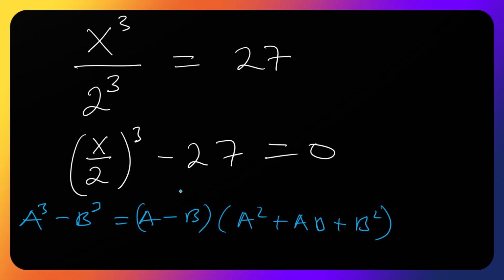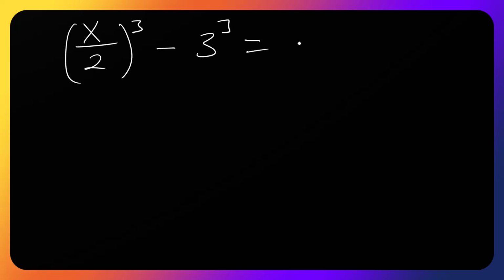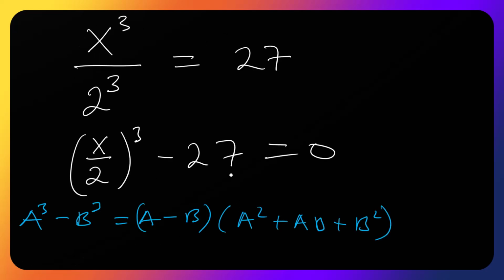Remember, 27 is the same as 3 cubed. So we have x over 2 all cubed minus 3 cubed equals 0. Okay, so we have this. Now let's transform to this.